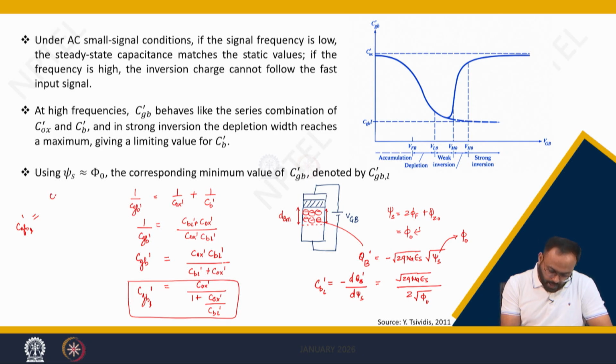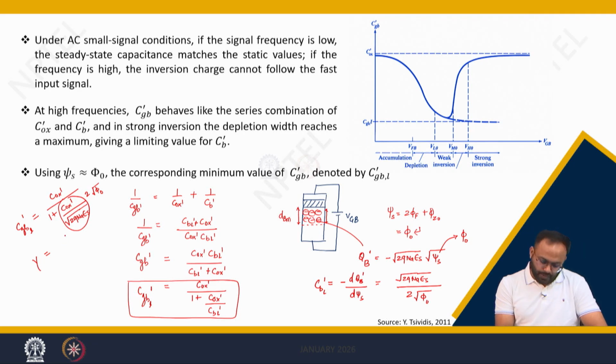terminal can be given by COX dash divided by 1 plus COX dash into square root of 2 into Q into Na into epsilon s divided by 2 into square root of phi naught. This is a known quantity. This quantity is called body effect coefficient, gamma.